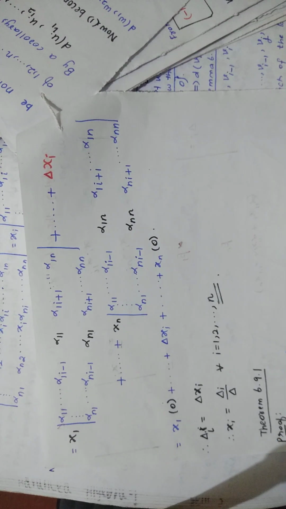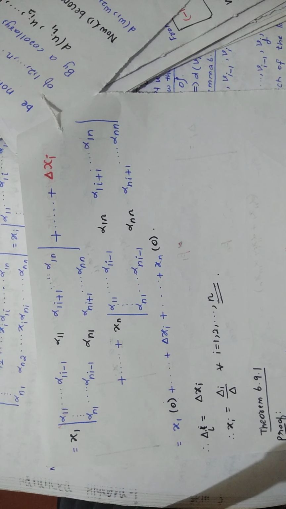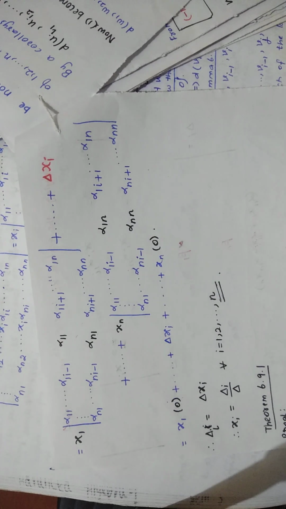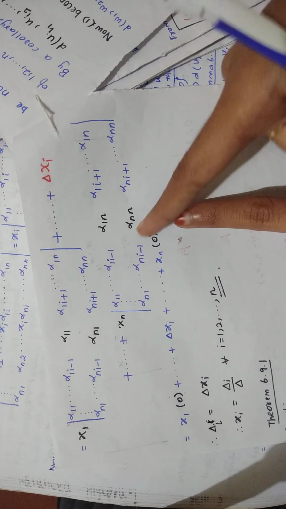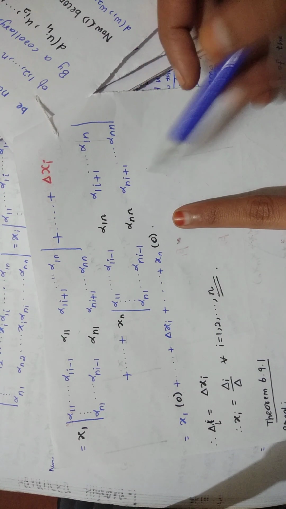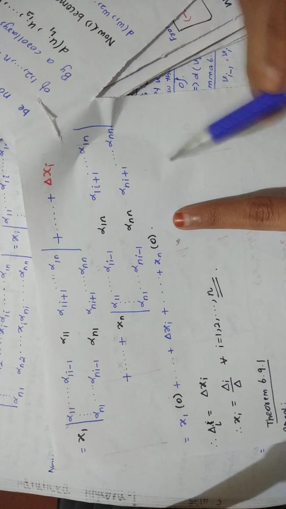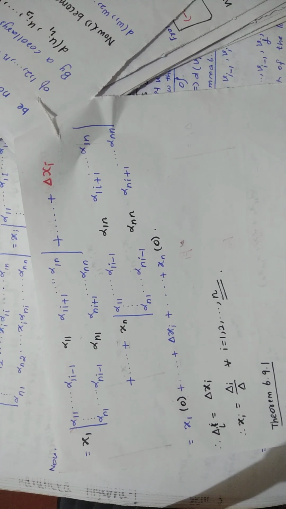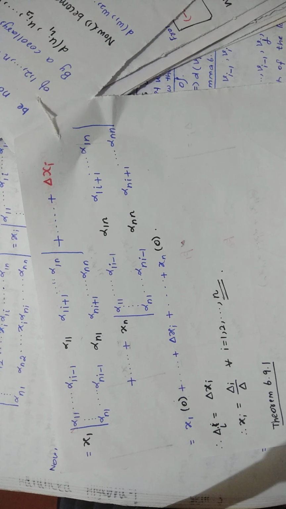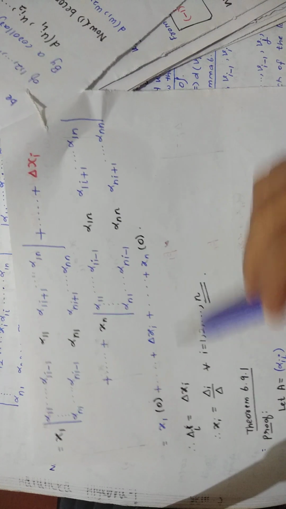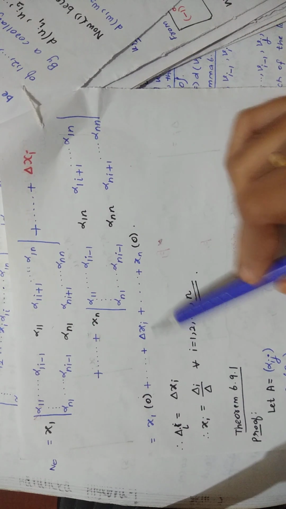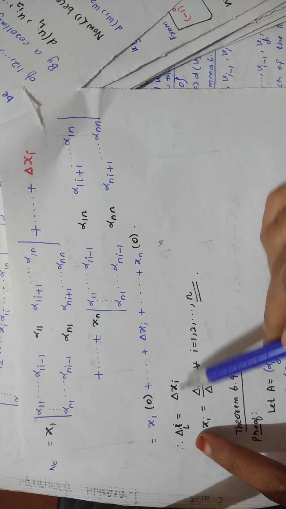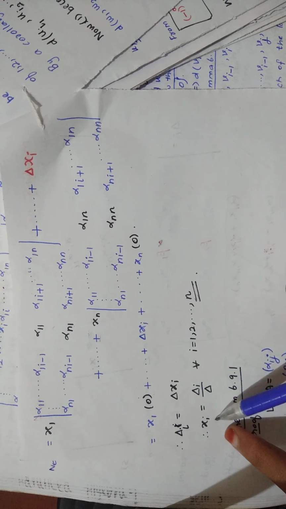Okay, if there are equal columns, this column and this column are equal, therefore you will get 0. Similarly, look at this here, this column and this column are equal, two columns are equal means then the determinant will be completely 0. That is what is happening here. So after that this will become 0, this becomes 0, you will have only this. So delta i is equal to delta xi, you will get like this.